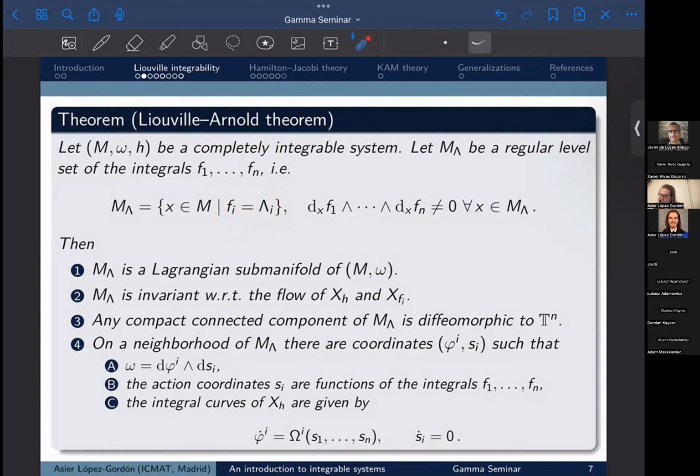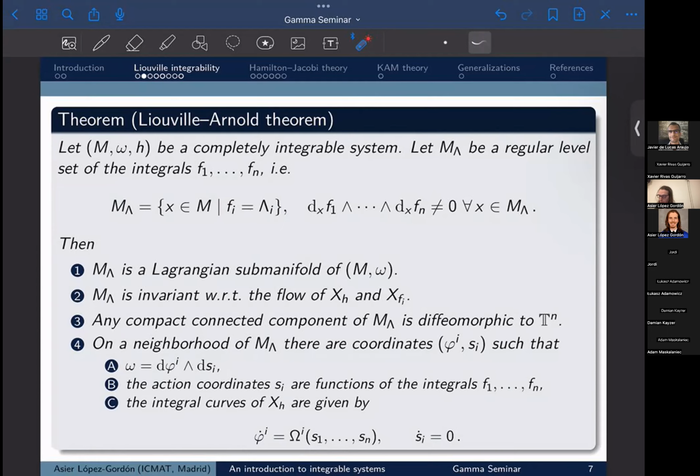And the regularity essentially will mean that we will consider points in which the differentials of the integrals are linearly independent. Then we can say several things. First of all, that M_lambda is a Lagrangian submanifold of (M, omega). Moreover, this submanifold is invariant with respect to the flow of the Hamiltonian vector fields of the Hamiltonian function and the integral functions.